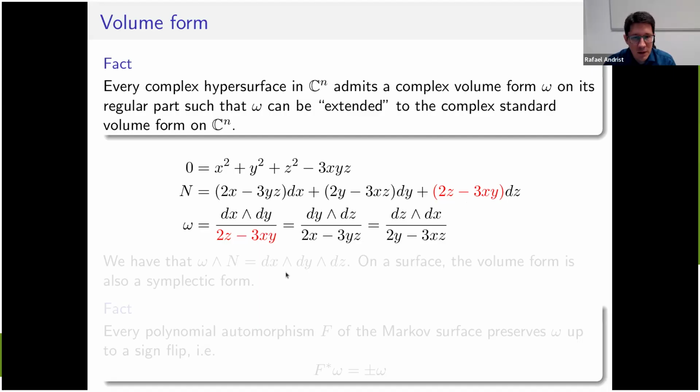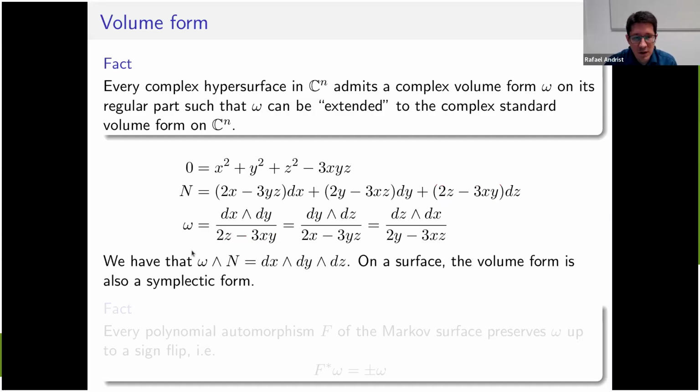And so then, of course, you have these other ways to express it. And you see that this form is well defined, except if all three denominators vanish. And this is precisely the case in the singularity, right? And then you also see if you take omega wedge n, then you get the standard form back, because this is here the denominator, what's written here as the coefficient, so it just cancels out, right?